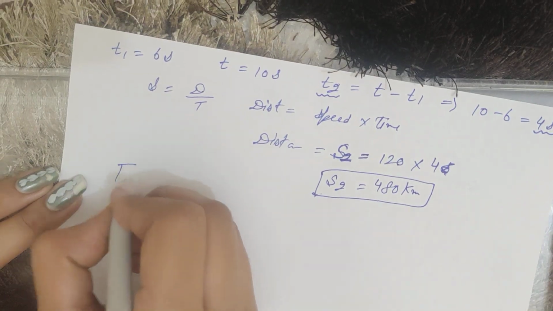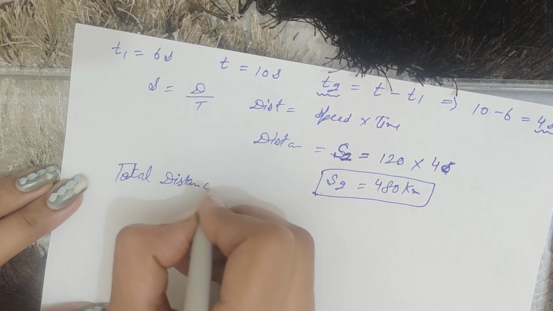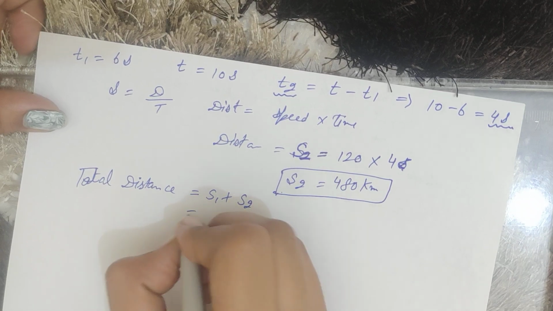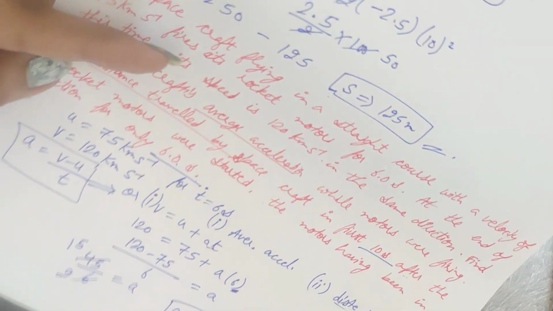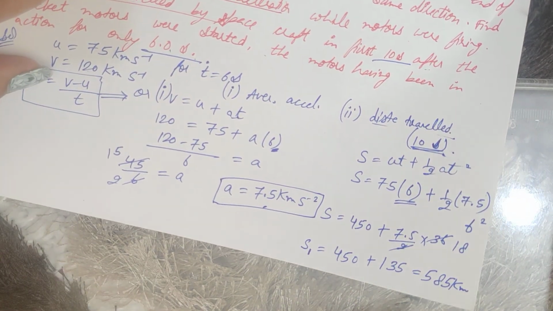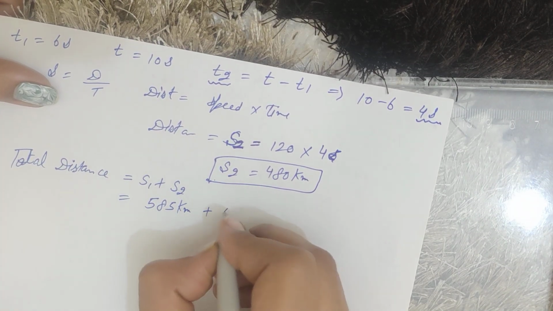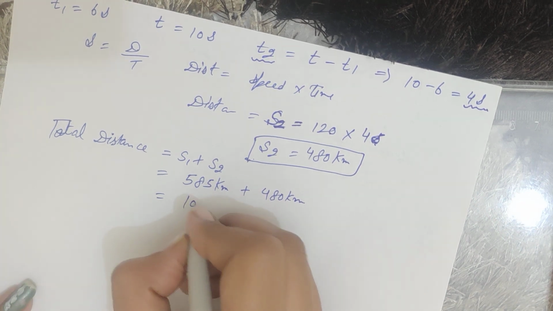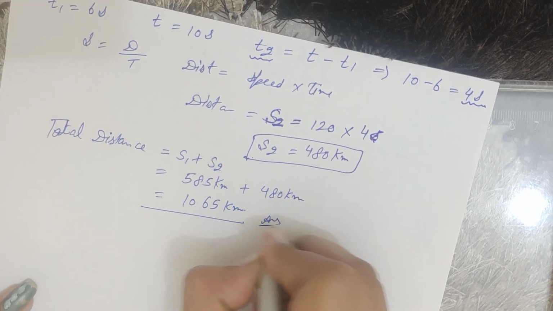Total distance is equal to S1 plus S2, which is 585 kilometer plus 480 kilometer, which is equal to 1065 kilometer, and this is your answer.